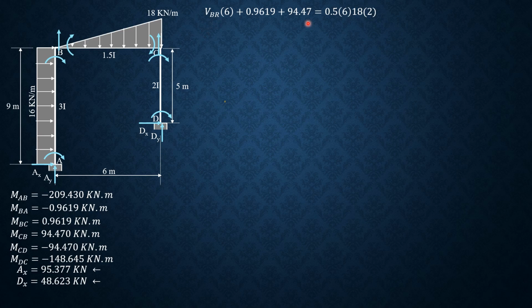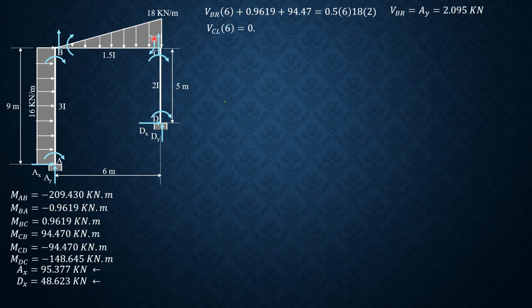So this equation considers segment BC, and we sum up moments about joint C. So this is the equation, and we can now solve shear just to the right of B, which is also equal to Ay if you transmit shear just to the right of B to this column. So it is also Ay, 2.095 kilonewtons. So summation of moments about B equals 0 to solve for shear just to the left of C.